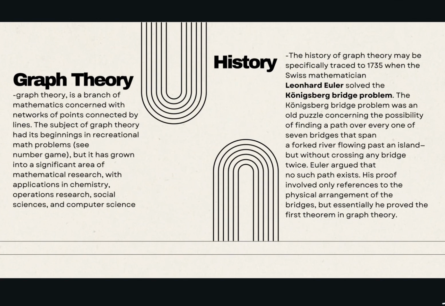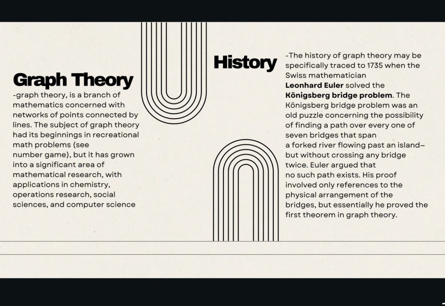The history of graph theory may be specifically traced to 1735 when the Swiss mathematician Leonhard Euler solved the Königsberg Bridge problem. The Königsberg Bridge problem was an old puzzle concerning the possibility of finding a path over every one of 7 bridges that span a forked river flowing past an island, but without crossing any bridge twice.